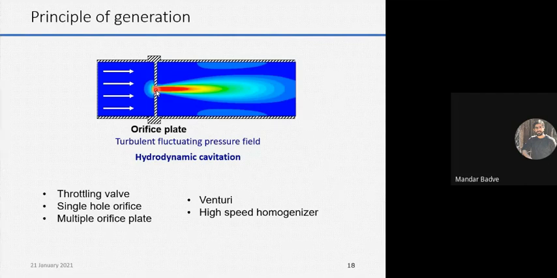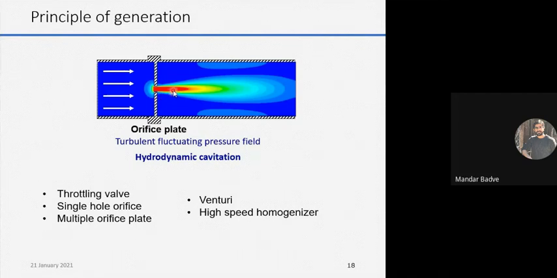When your velocity increases, your pressure suddenly goes down, right? So we all have studied the Bernoulli's theorem. Your velocity increases, so pressure goes down. Obviously based on your inlet pressure and based on the ratio of your pipe to orifice size, the amount of pressure that goes down varies, right?